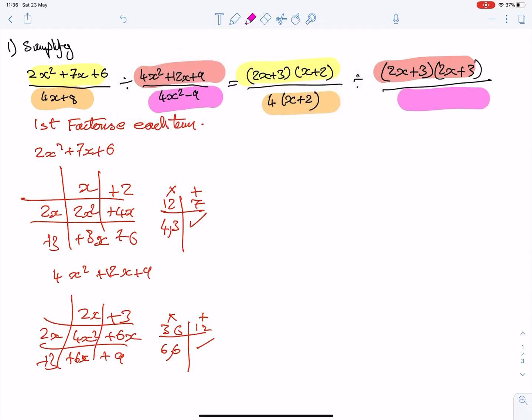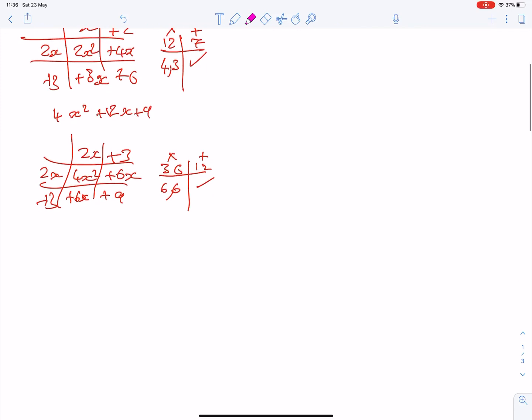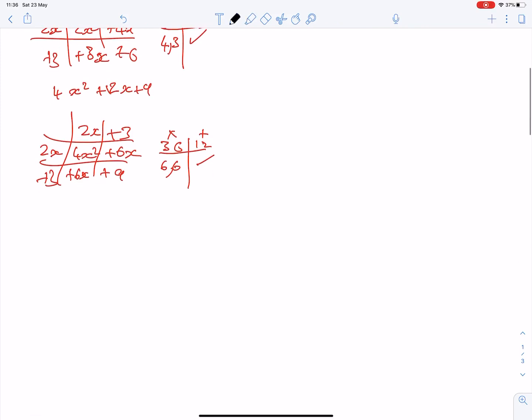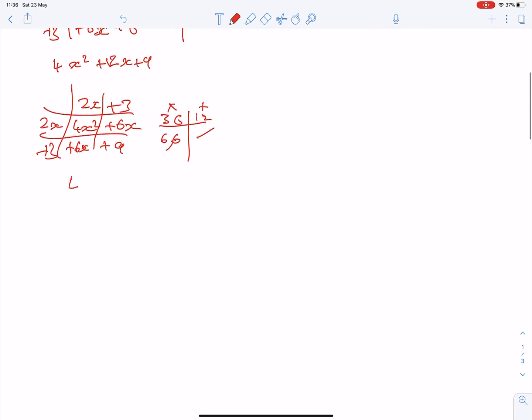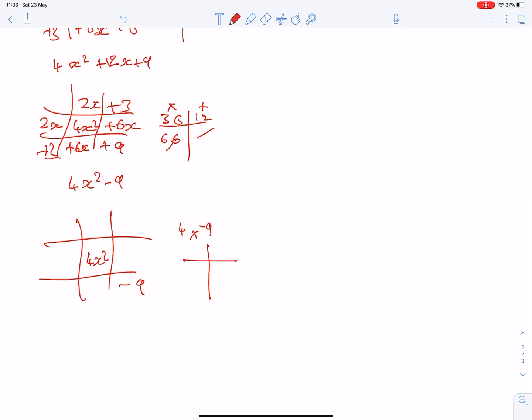And hopefully we recognise this last one here as the difference of two squares, but if in any doubt, as usual, we can use the grid to help us. So we had 4x squared minus 9, put it in the grid, 4x squared, take away 9. It's got to multiply to give 4 times negative 9, which is negative 36, and add to give 0 because there's no x's, so that's negative 6 plus 6, so plus 6x minus 6x.